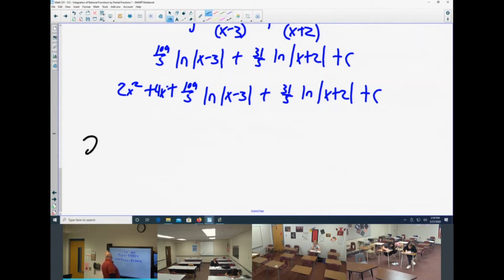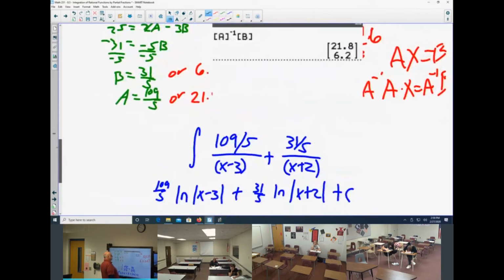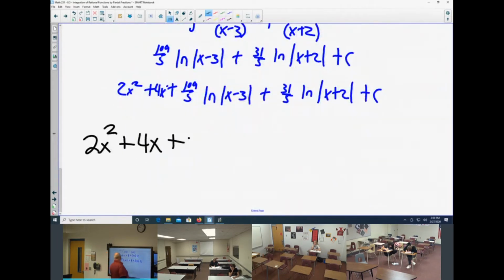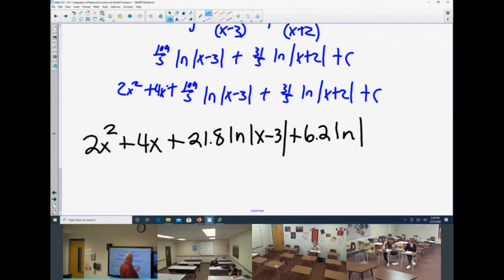So that would be 2x squared plus 4x plus, let's see, that was 21.8, right? 21.8 natural log of the absolute value of x minus 3 plus 6.2 times the natural log of x plus 2 plus c.